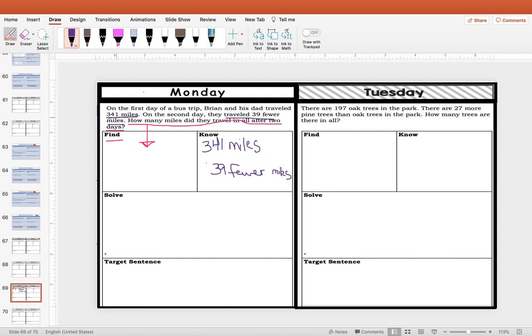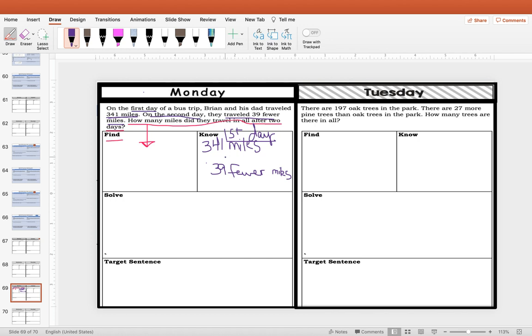I also know there are other numbers in here, like first day. So we know that this is the first day right here, right? And then we also know the second day. So on the second day, they traveled 39 fewer miles.